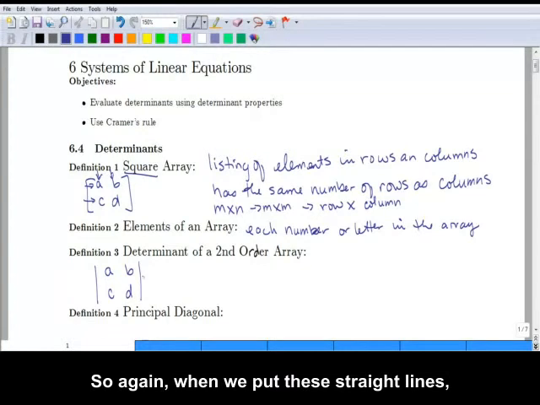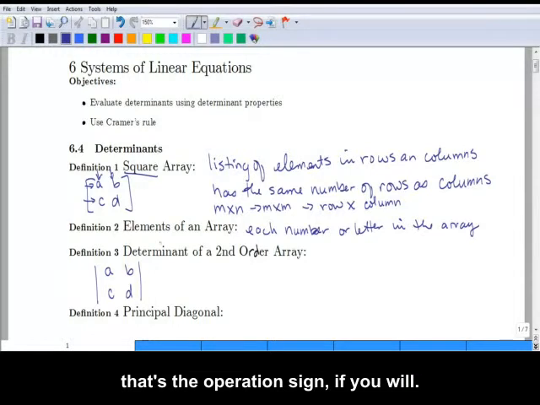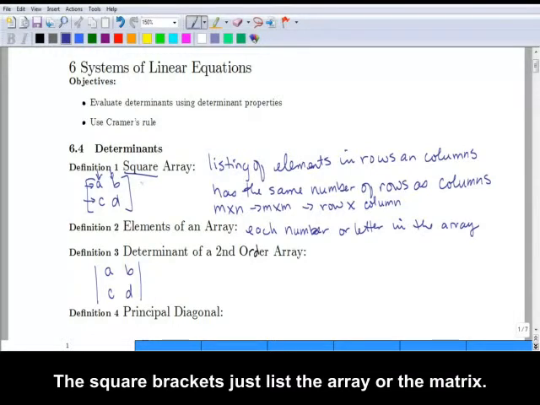So again, when we put these straight lines, that is telling us that we are actually taking the determinant. That's the operation sign, if you will. The square brackets just list the array or the matrix.